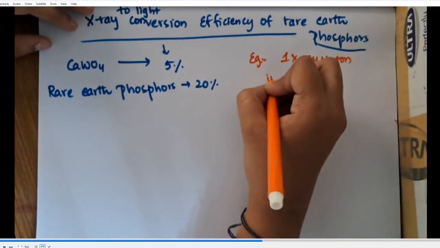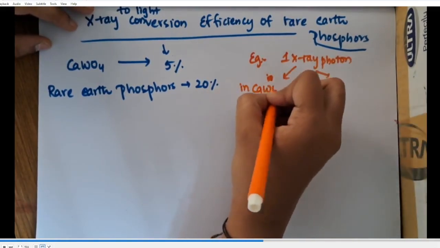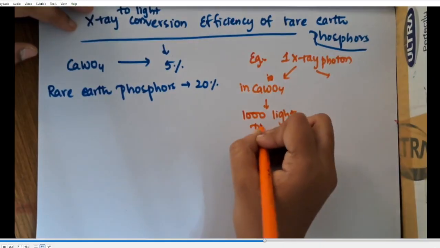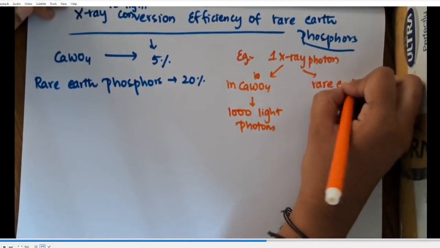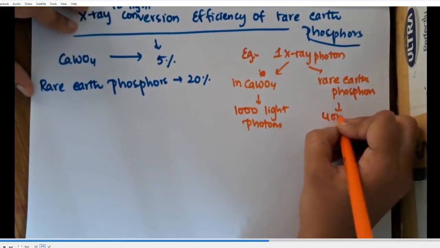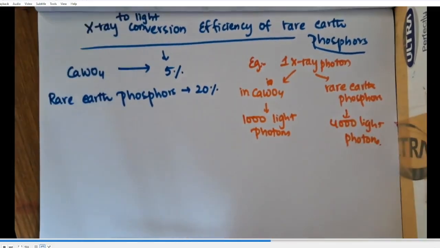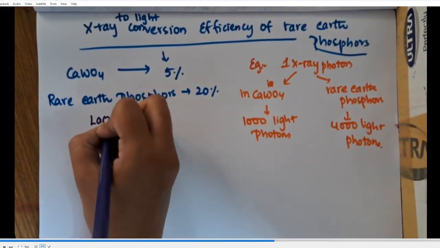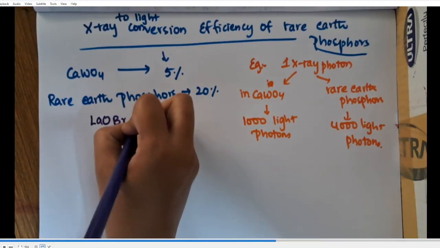So one X-ray photon in a calcium tungstate intensifying screen will produce 1000 light photons, and the same X-ray photon absorbed by these rare earth phosphors will produce around 4000 light photons. The conversion efficiency of yttrium oxysulfide screens is almost the same as gadolinium oxysulfide.